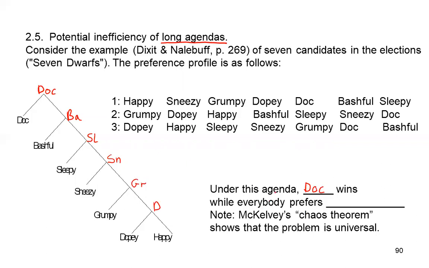But now, if we take a look at where Dog is in everybody's preferences, Dog is very low in everybody's preferences, actually. Everybody prefers Grumpy to Dog. Well, Happy is preferred by everybody as well. Sneezy, Sneezy, Sneezy, yes.